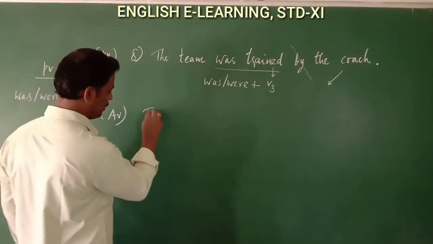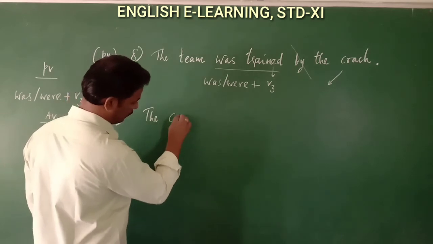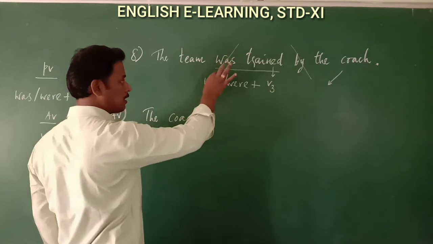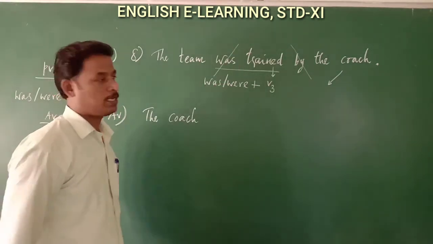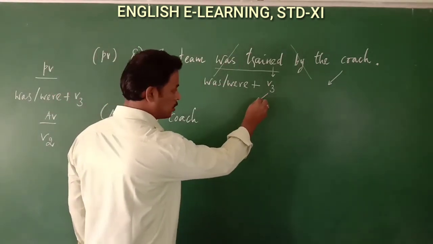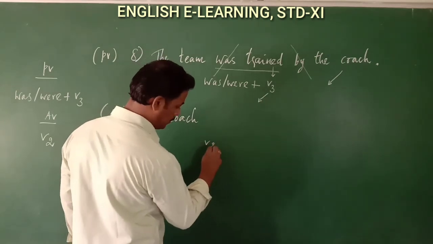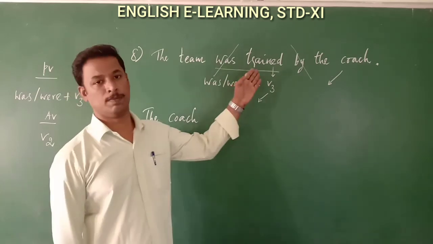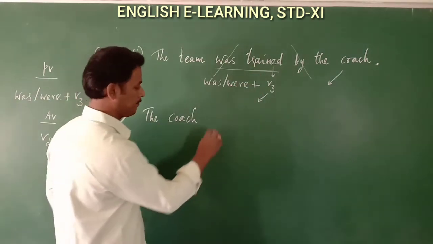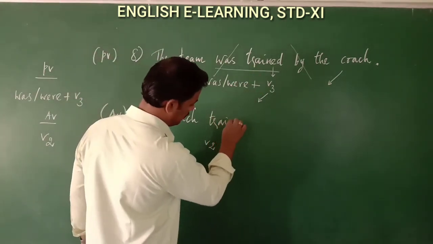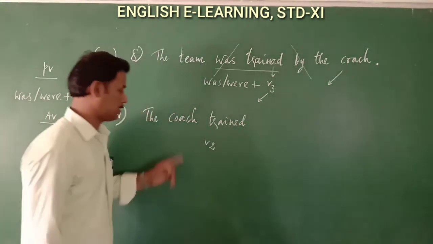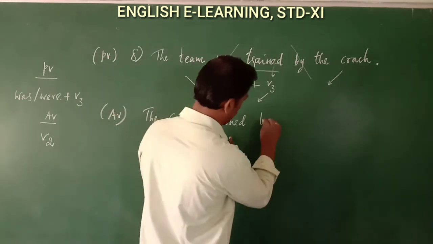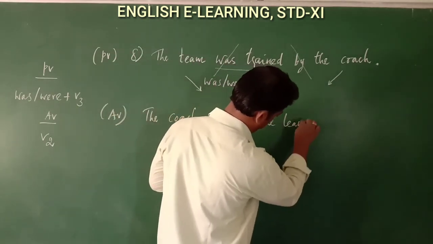So the object is the coach. And then cancel this be verb was. And then the verb 3 should be changed into verb 2. The verb 2 of this verb trained is the same: trained. The coach trained. The subject is the team.